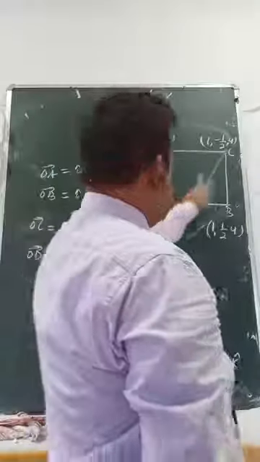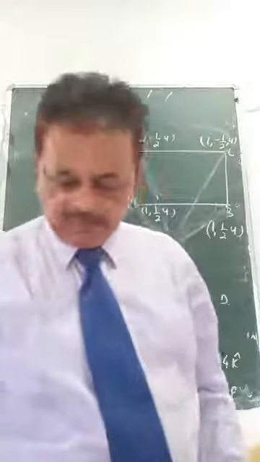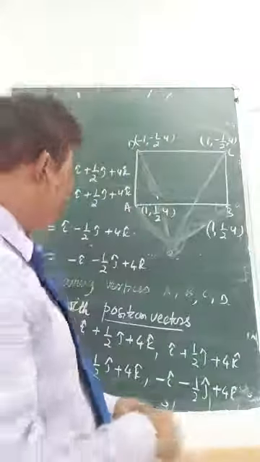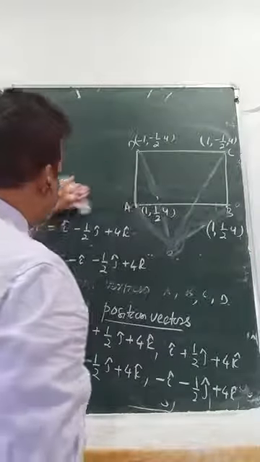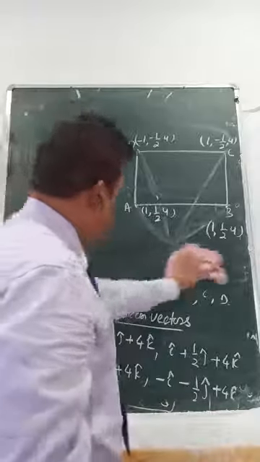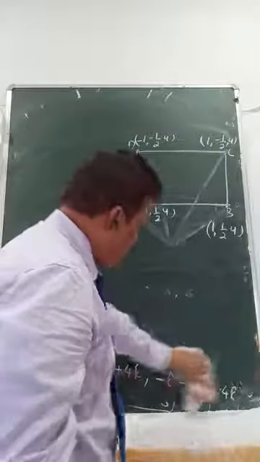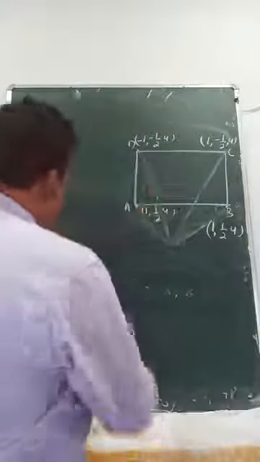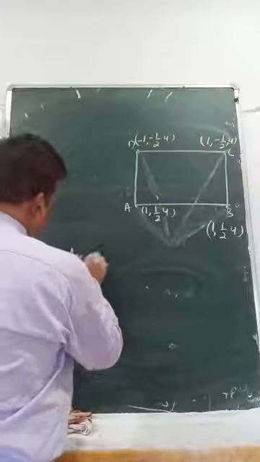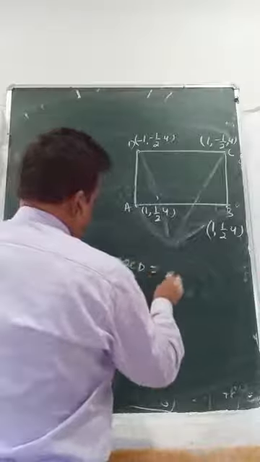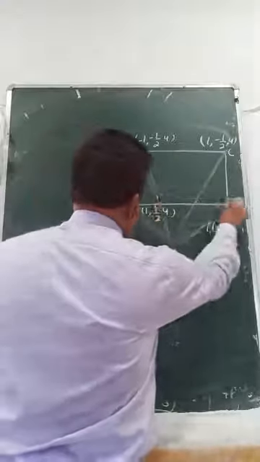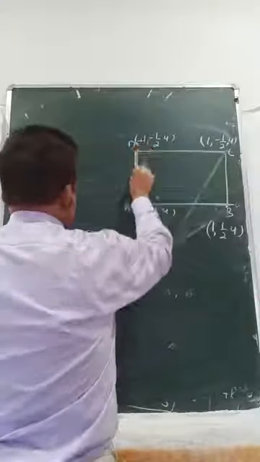Rectangle is also a parallelogram. What is the area of ABCD now? Because a rectangle is also a parallelogram, the area of ABCD is AB vector cross AD vector.